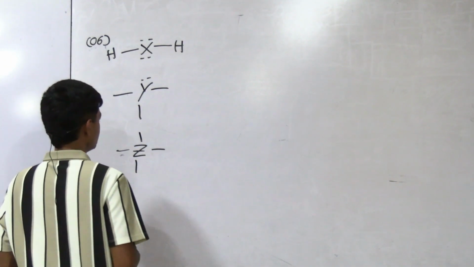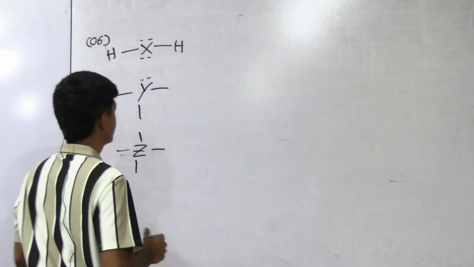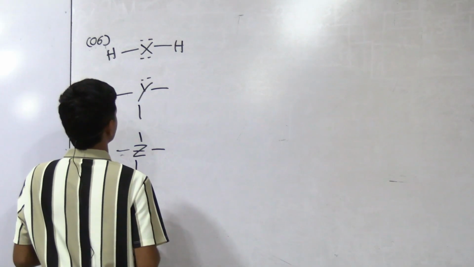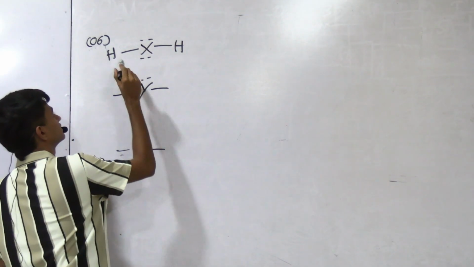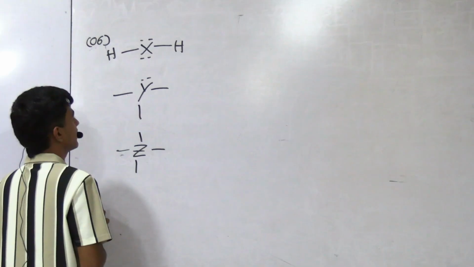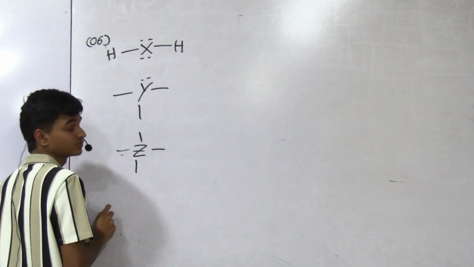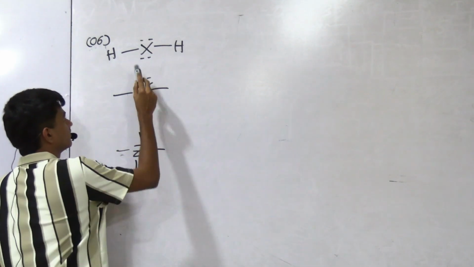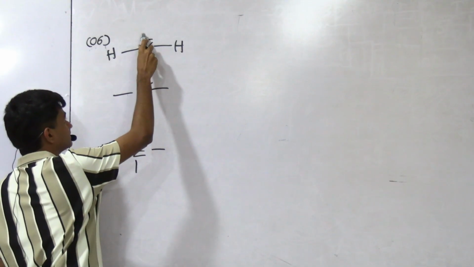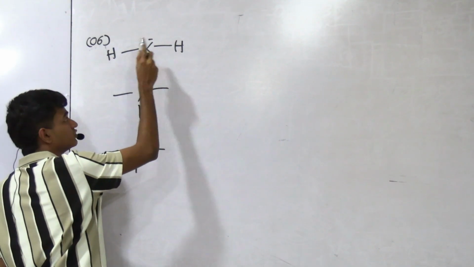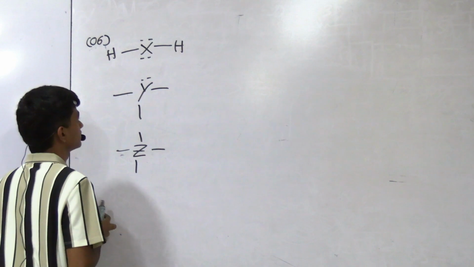Valency. Let's consider valency here again, guys. So if we consider valency here, we have how many? We have 2 lone pairs and 2 bonded pairs.